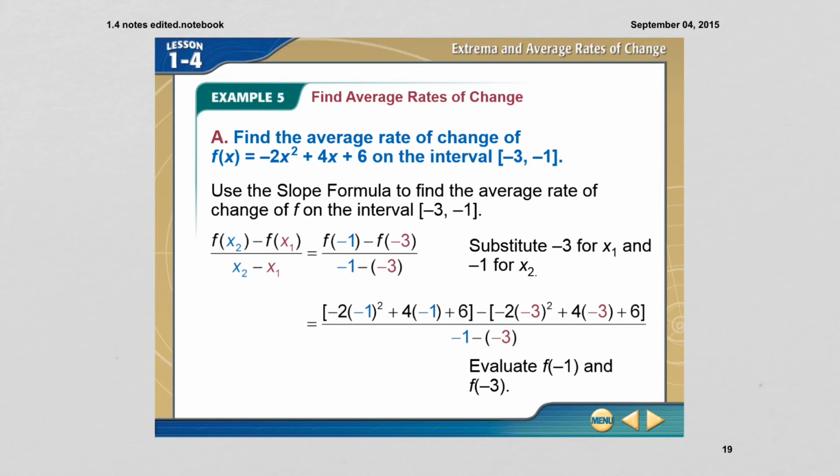That means I'm going to substitute in negative 1 into the function, negative 2x squared plus 4x plus 6, and then I'm going to plug in negative 3 into the function. Okay, once I substitute everything in and evaluate f of negative 1 and f of negative 3, I find out what the average rate of change is.